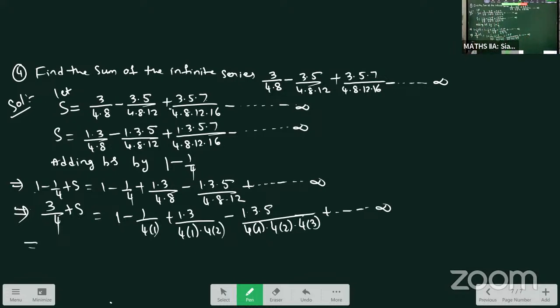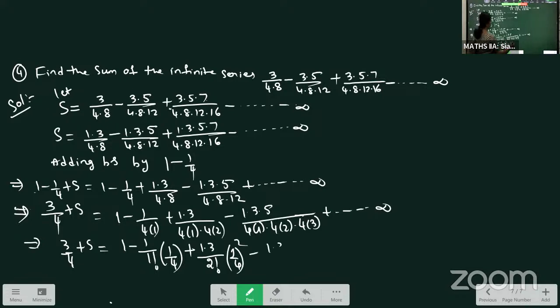Now 3 by 4 plus S is equal to 1 minus 1 by 1, write it as 1 factorial, taking 1 by 4 outside, plus the second term 1 into 3 by 1 into 2, which is 2 factorial, with two 4s, so 1 by 4 whole squared, minus 1 into 3 into 5 by 1 into 2 into 3, which is 3 factorial, with three 4s, 1 by 4 whole cubed, plus so on.